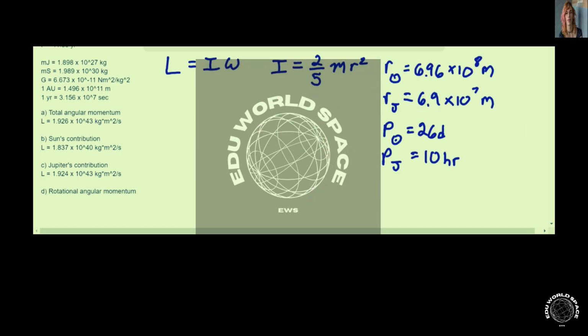Next, for part D, we're going to calculate the rotational angular momentum of each of the two bodies. We are given in the textbook the formula that rotational angular momentum L is equal to the moment of inertia I multiplied by the angular frequency omega. L equals I omega.